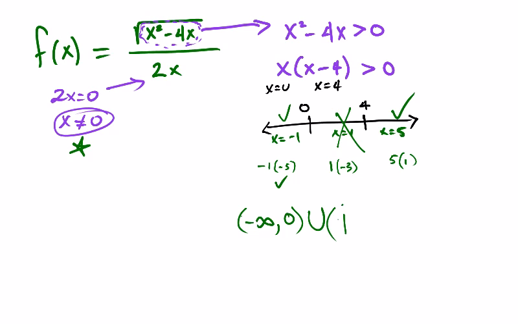Yeah, I think we're okay with saying it could equal 4, because when I plug in 4, it wouldn't make the bottom 0, but it would make the top 0, and that's okay. So a bracket, and then on to infinity. That's kind of a tricky one, but that would be the way to do the domain for a problem like that. All right, so that's how you do the domain of a function.